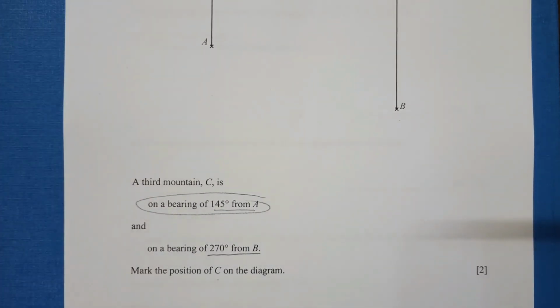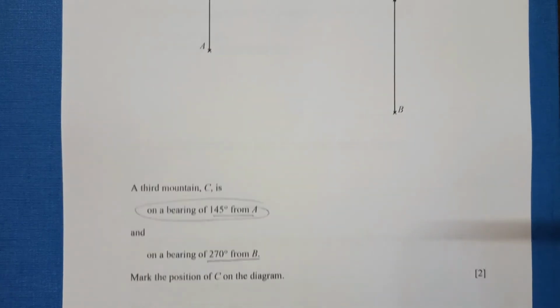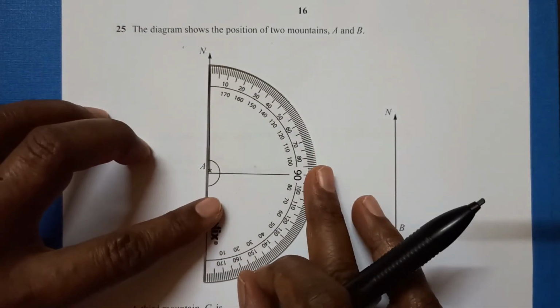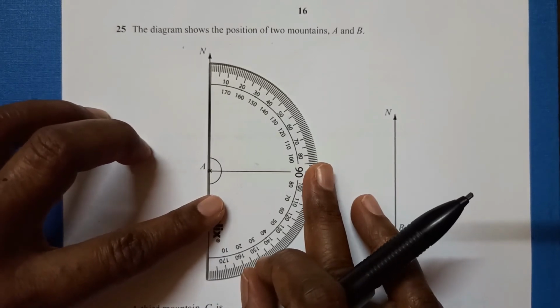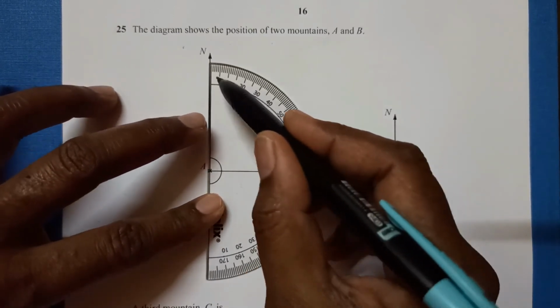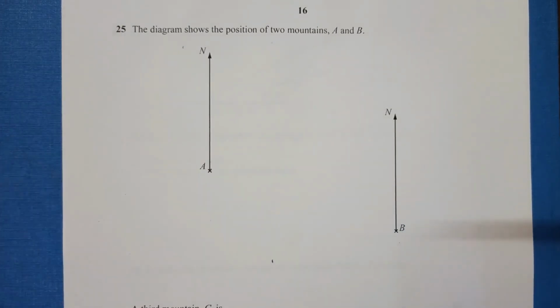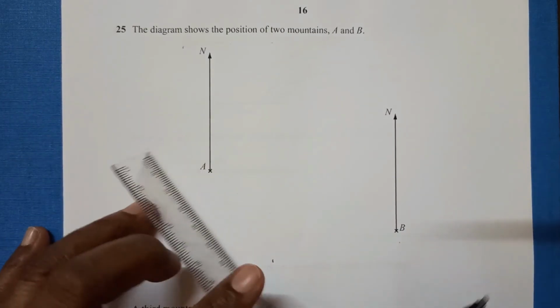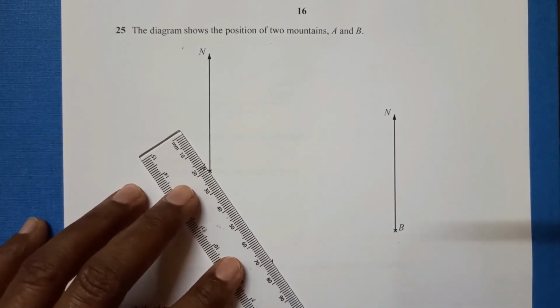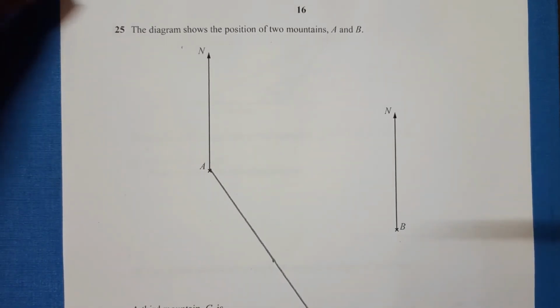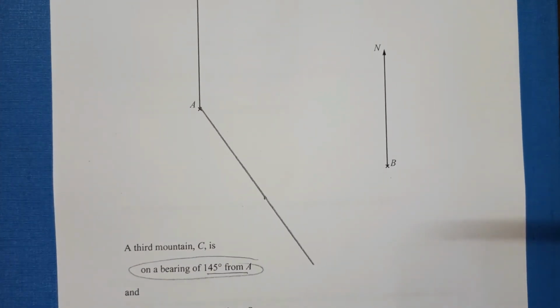From A is 145, so we will draw an angle of 145 at A. So here is the protractor. 145, this is 0, 10, 20, 30 and 145 is here. I'm just going to draw a line here. We can extend the line because we don't know exactly where it is coming. So 145 from A is done.